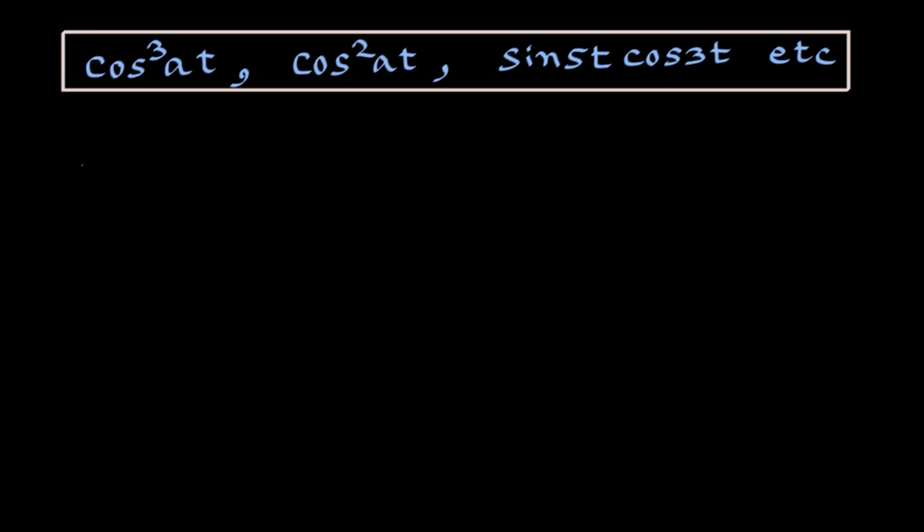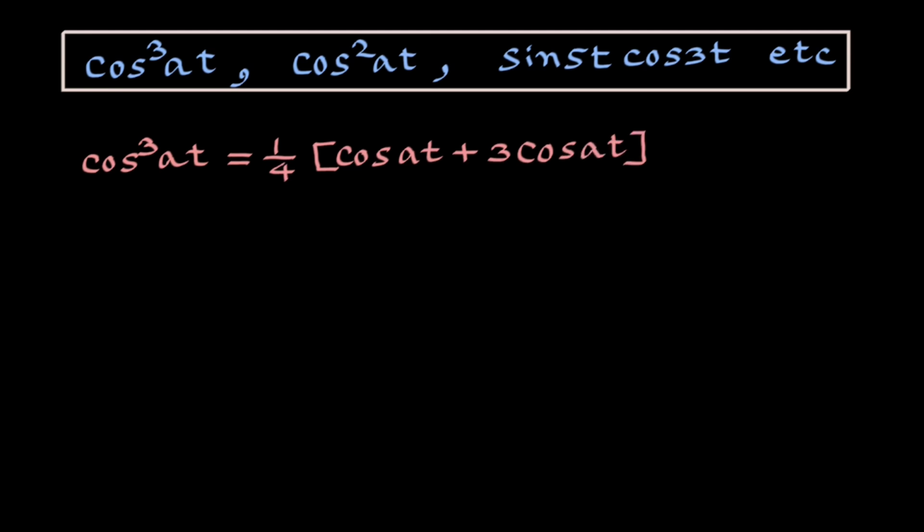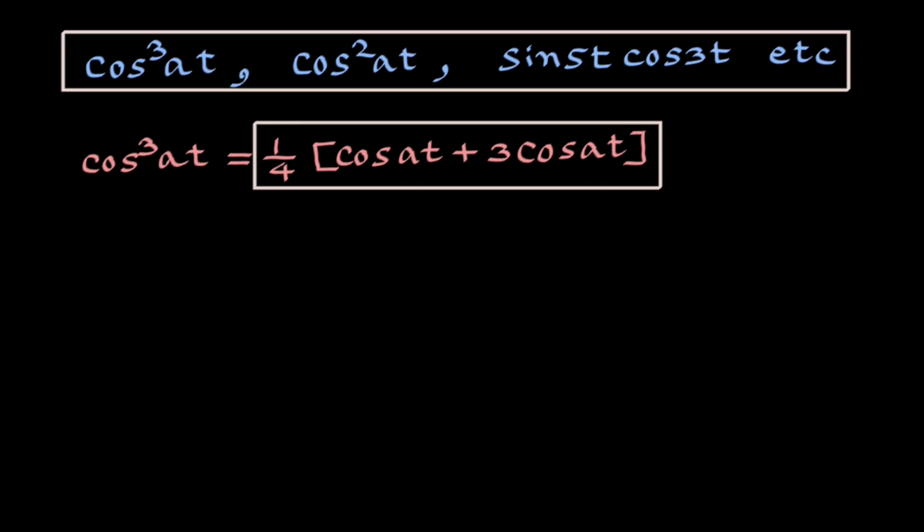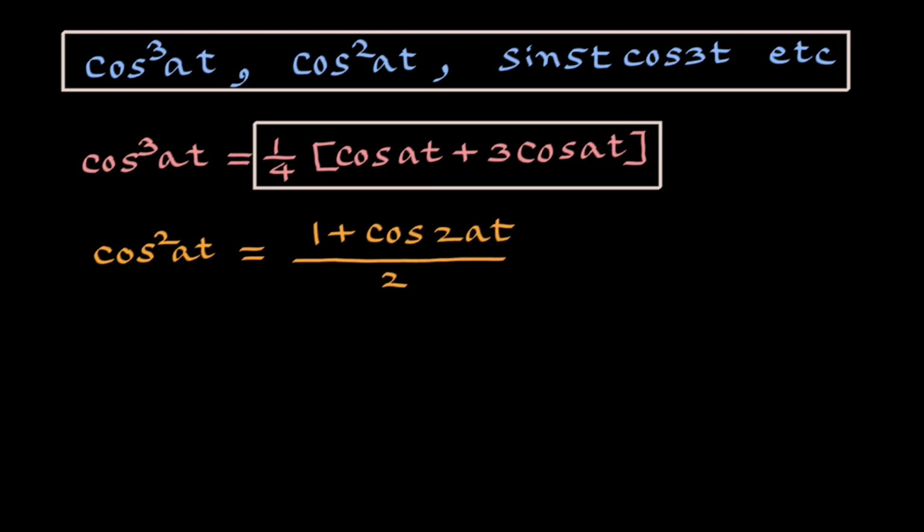So this cos cube at can be written as 1 upon 4 cos 3at plus 3 cos at, and we can easily find Laplace transform of this part. Similarly, we can write cos square at as 1 plus cos 2at upon 2, and we can easily find Laplace transform of this part.